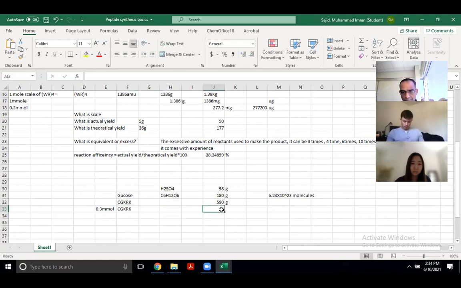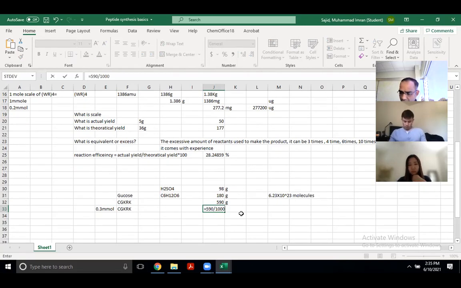But if I ask you to make 0.3 millimole of CGKRK, how much should it be? 177 grams. How did you calculate it? I multiplied 590 by 0.3. First we have to divide by 1,000. 590 divided by 1,000 becomes 1 millimole, right?